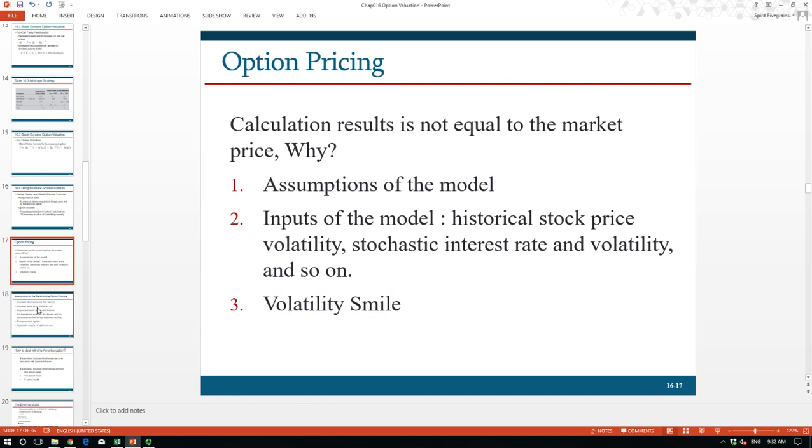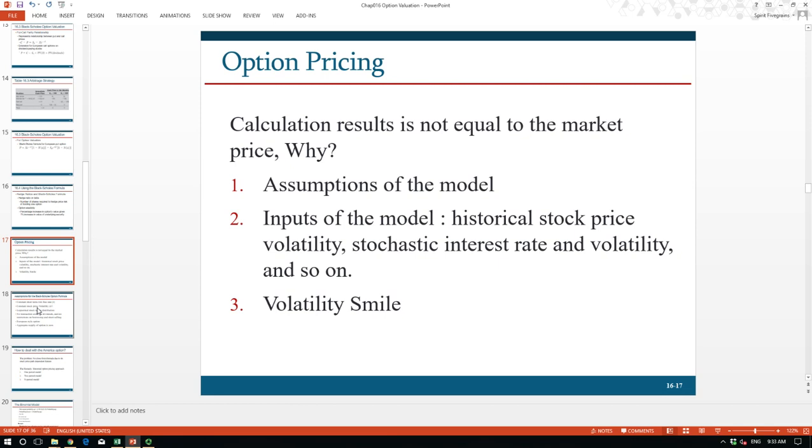It may not be a constant term. It may change in the future. And more importantly, this volatility is an ever-changing variable. It's an ever-changing variable. And your estimate of volatility may not equal the future exact volatility. That's why the pricing of your option may be different from the market price, because simply you and the market disagree upon its future volatility.